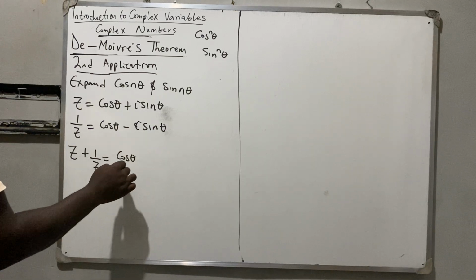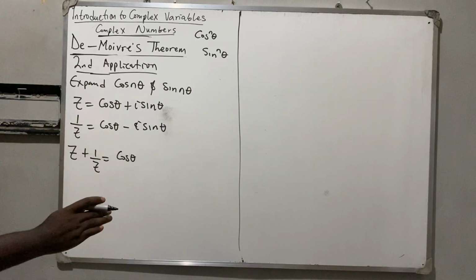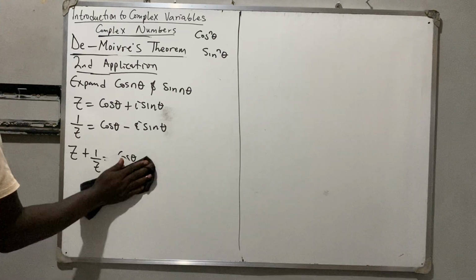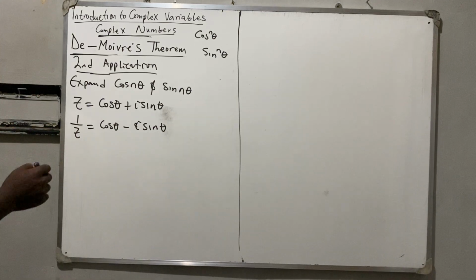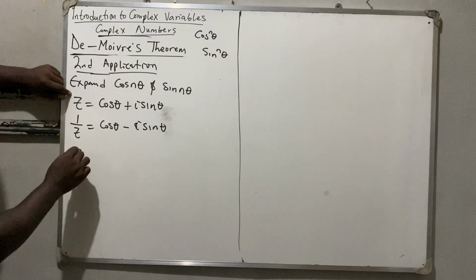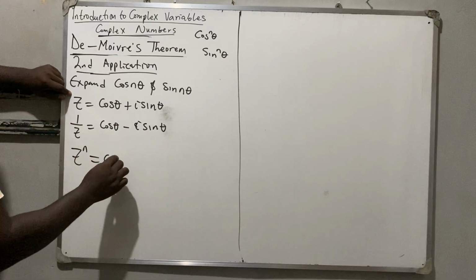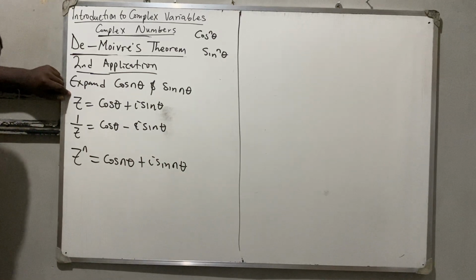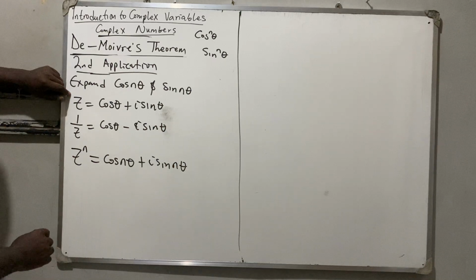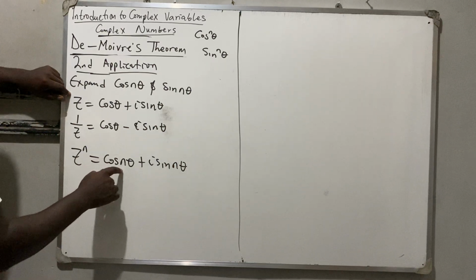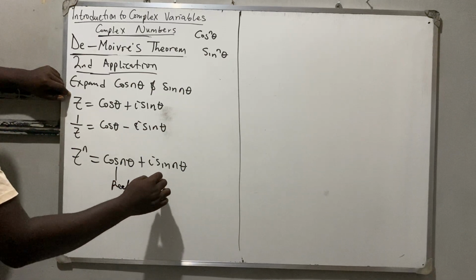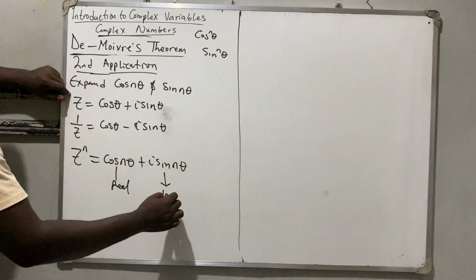Let me take the power. I know that z raised to power n is the same thing as cos n theta plus i sine n theta. The cos n theta I'm looking for is the real part, while the sine n theta is the imaginary part, because it has i.